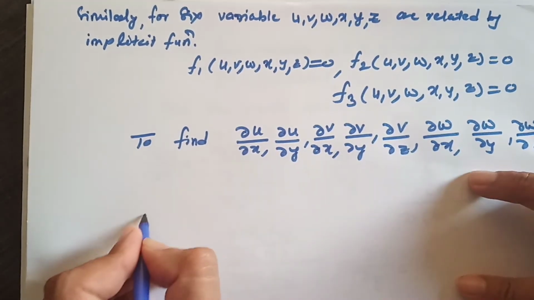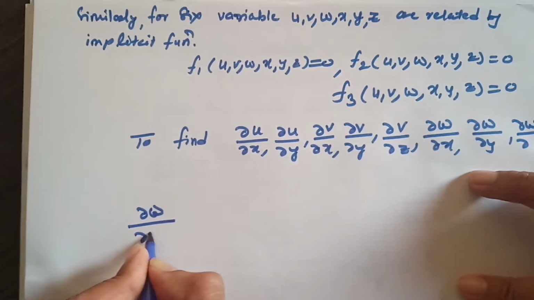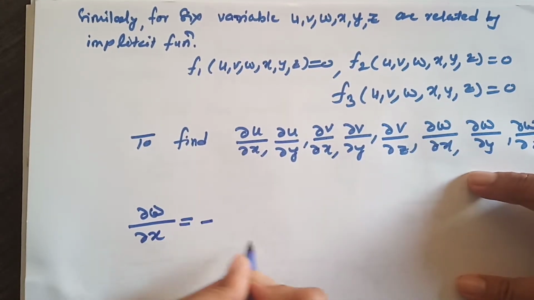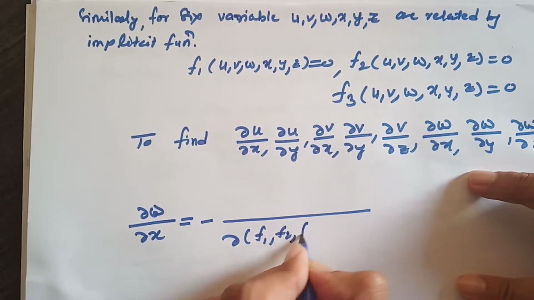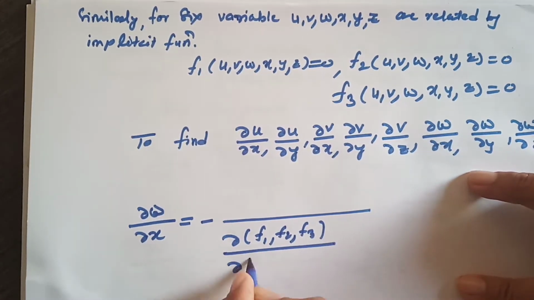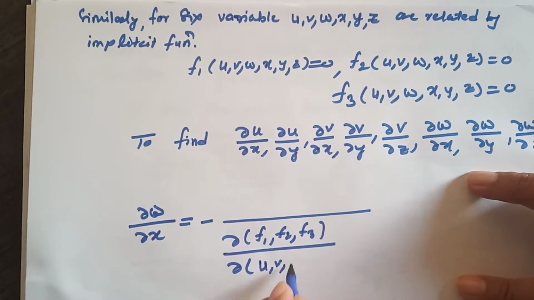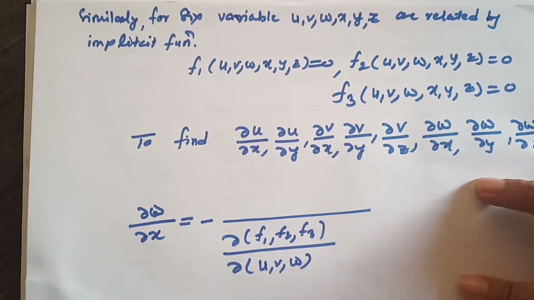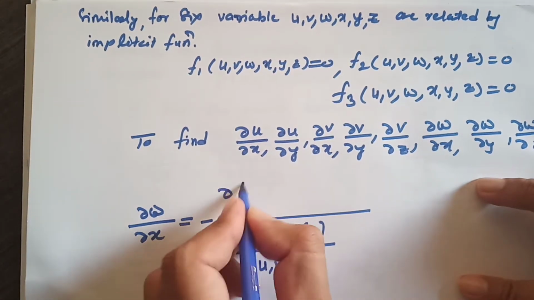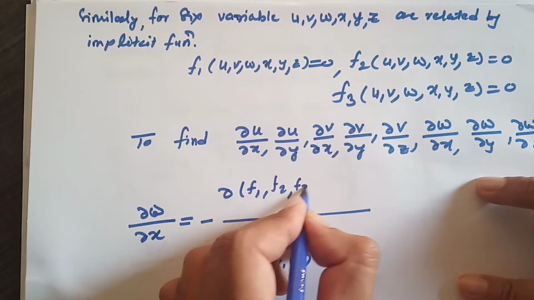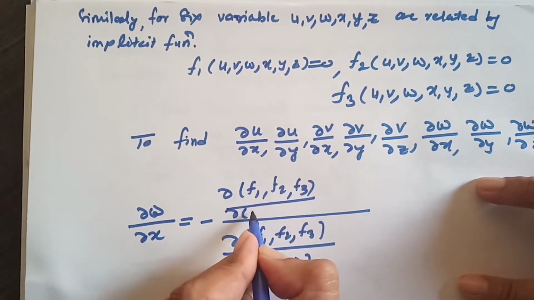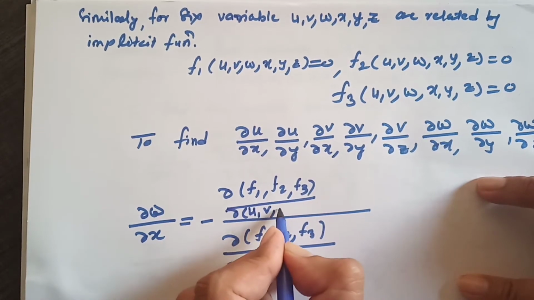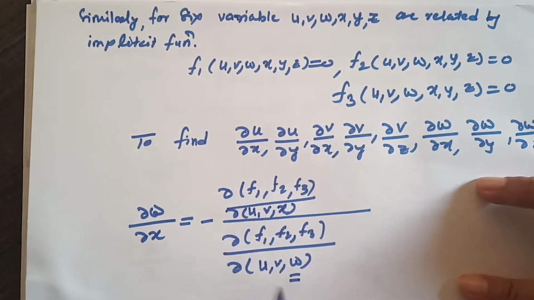If I want w with respect to x, what is the formula? Minus, first write the denominator Jacobian of f1, f2, f3 with respect to u, v, w. Now in the numerator Jacobian of f1, f2, f3, replace w by x: u, v, x. Do not change the order u, v, w, only replace w by x.